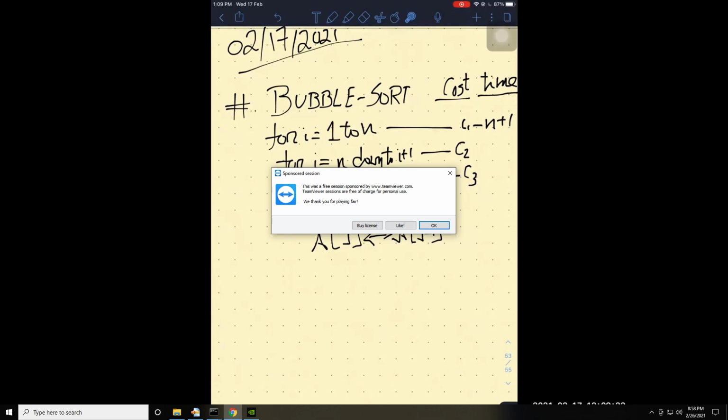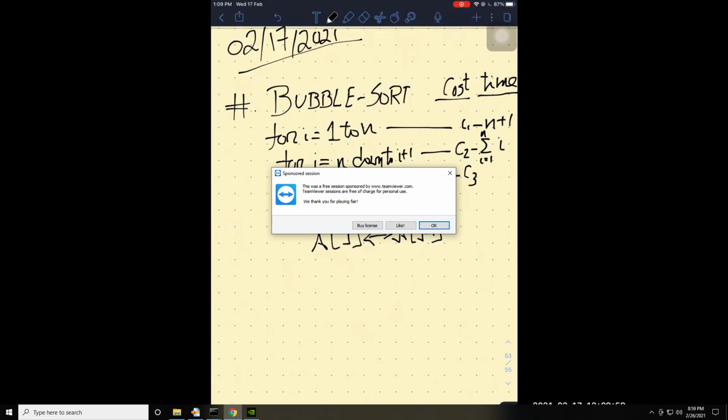Okay, then for the next line, the cost is summation i equals 1 to n of i.